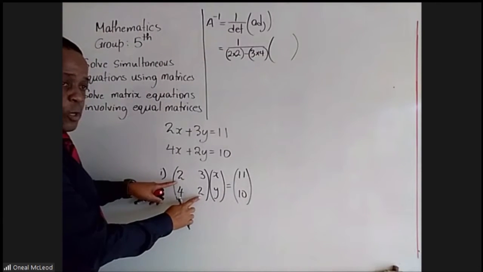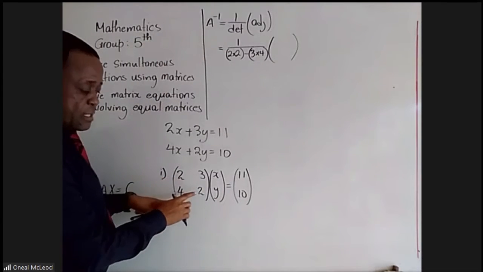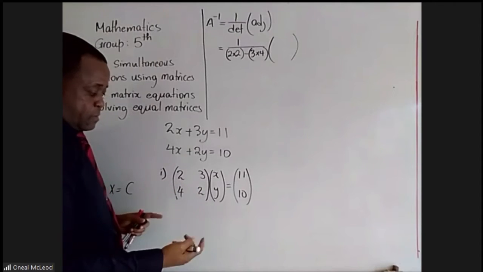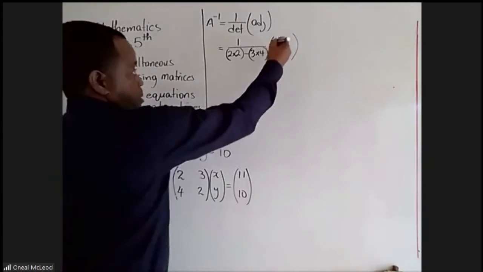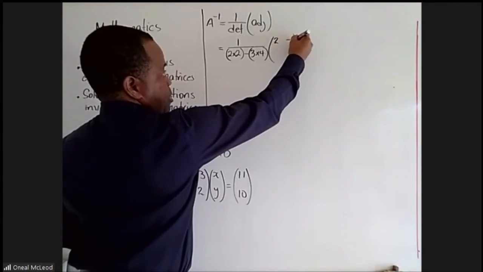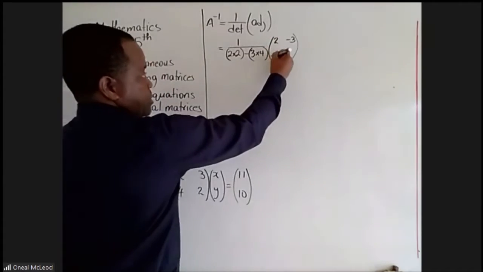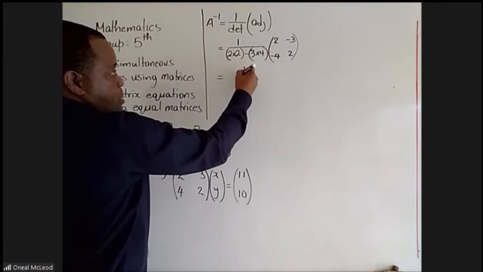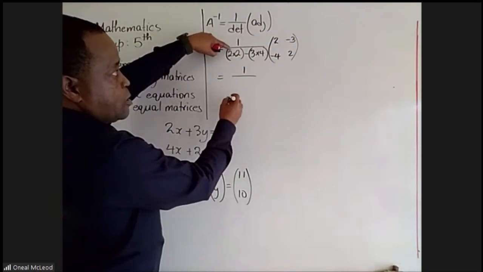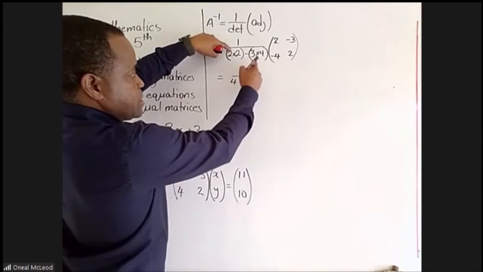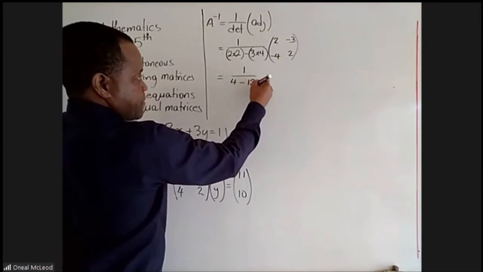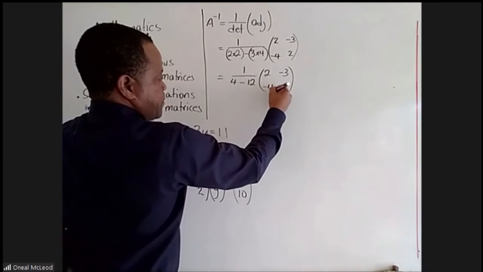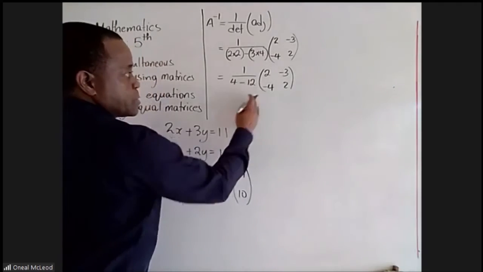Remember, for the adjoint we're just going to switch the leading elements. Now notice the leading elements are the same, so it really doesn't matter right now. So what we're going to do is just multiply the non-leading elements by -1, so that now changes sign there. So we end up here with 1 over, this now becomes 4 minus 12, times 2, -3, -4, and 2. Good?